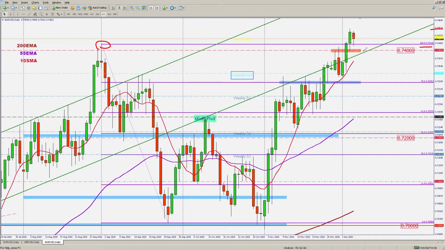This 0.74 may need to hold to be a key support area, and we'll see if it's able to hold that or whether it's going to dip lower next week towards this support zone.